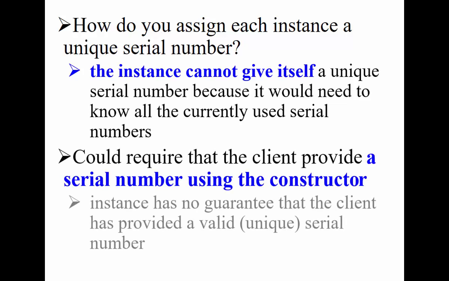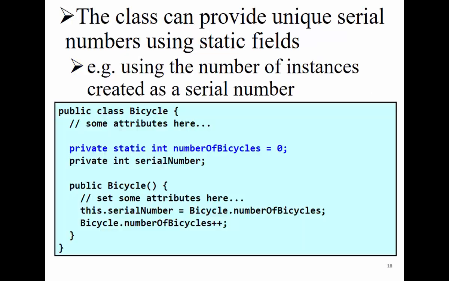So you can see, this is the example. Inside the Bicycle constructor, we have this.serialNumber. And this.serialNumber indicates that we are accessing the object being initialized, and the serial number is equal to what? Bicycle.numberOfBicycles.